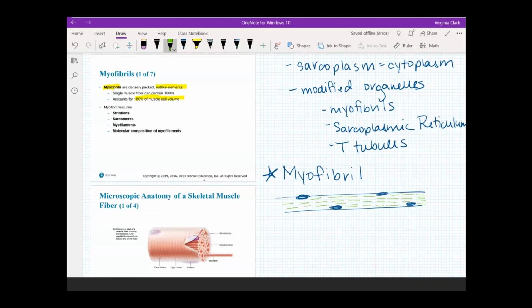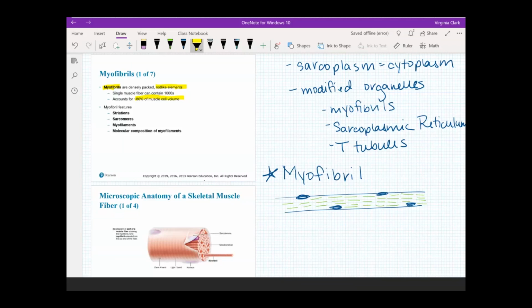And we're actually going to discover that we have two different types. But we are going to take these essentially toothpick-like structures and shove them in very, very densely packed, so much so that a single muscle fiber can contain up to 1,000 of these. So we're going to take all of these little toothpick-like structures and put them into our straw in a very organized, specific manner. Those are going to be our myofibrils.